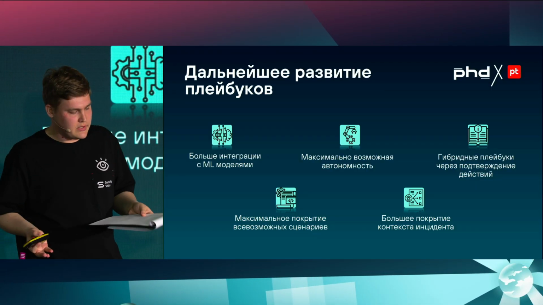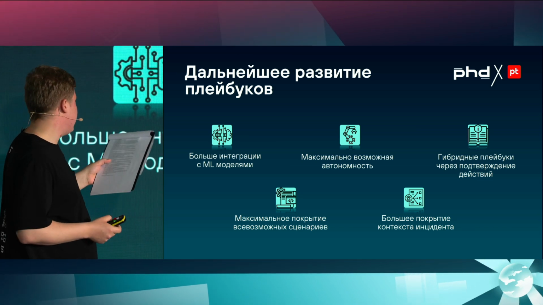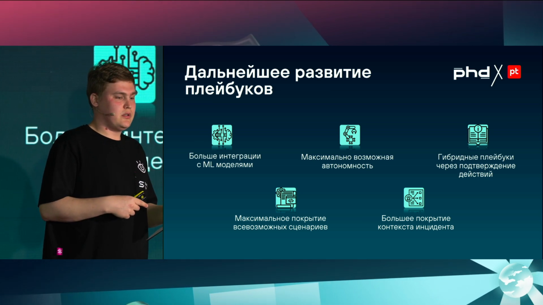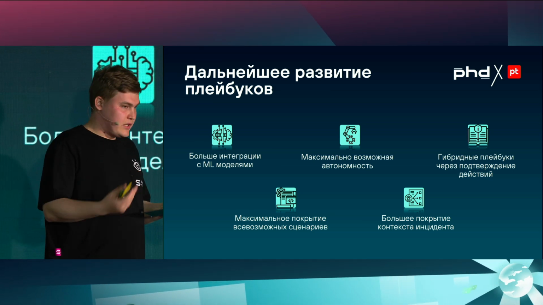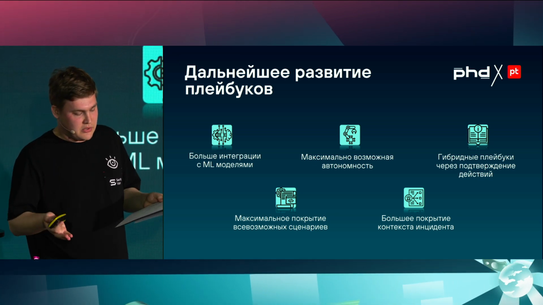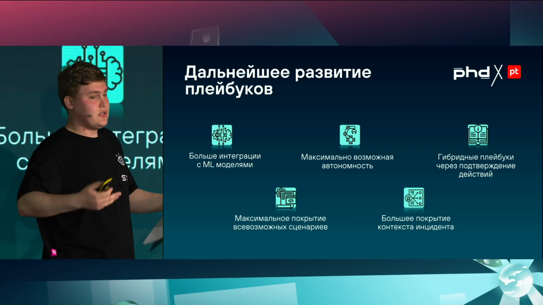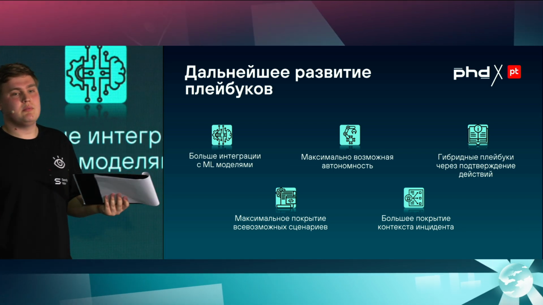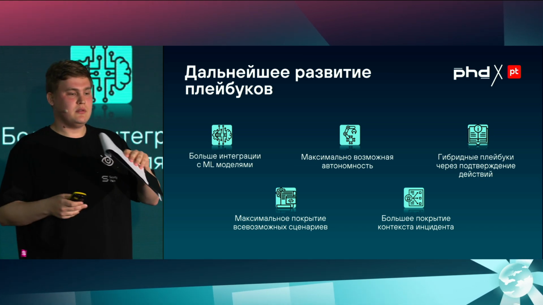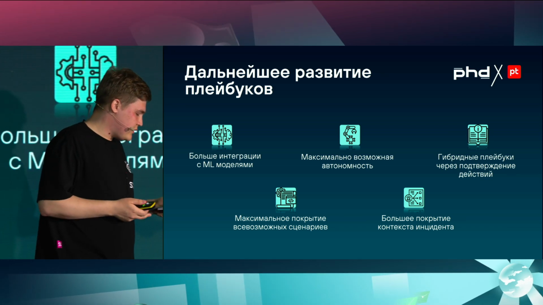Further, when we develop our dynamic playbooks, we can see the following trends. There'll be more integration with ML models. Playbooks are going to be built in view of the results of these machine learning models, and also we are thinking about building some hybrid playbooks, where a process is automated, but it has some forks which have to be confirmed by analysts, and once the analyst gives confirmation, the playbook chooses the thread of investigation.